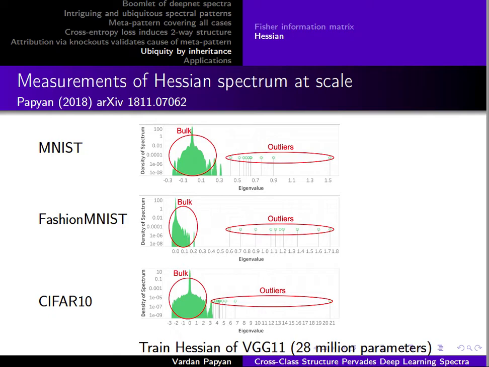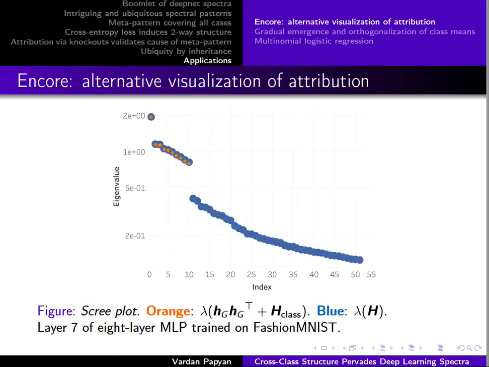So let me show you why I think this cross-class structure is of fundamental importance. Here I'm showing you an alternative visualization of the spectrum of the features using something called a scree plot. You can see on the x-axis an index of an eigenvalue, and on the y-axis the eigenvalue.